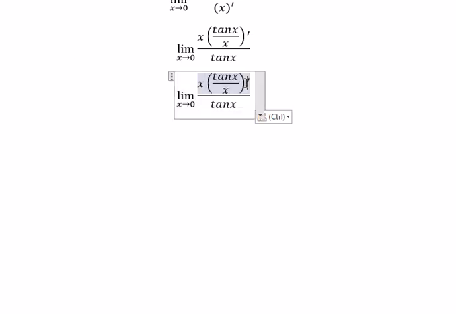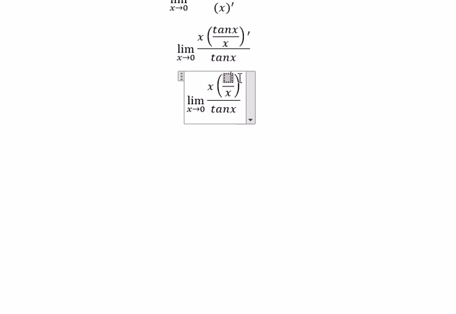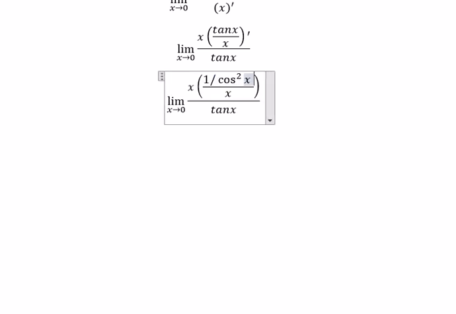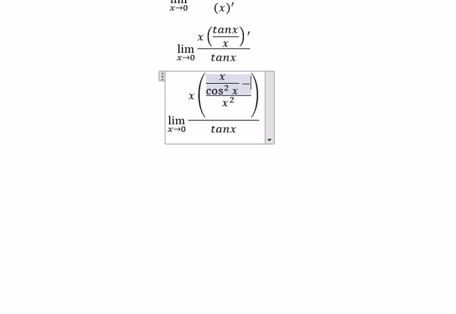So first the derivative of this one, we will get, for tan x, 1 over cosine squared x, and we multiply with x. This one goes to the square, and now we have negative tan x.